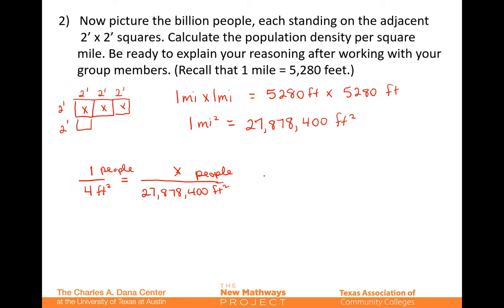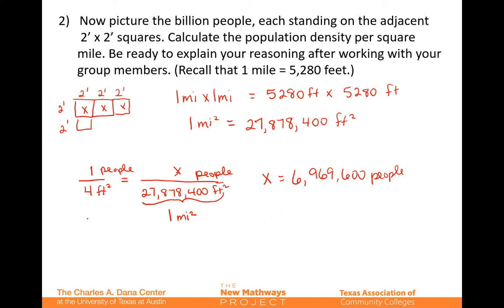So that came out to be, let's do that, 27,878,400 divided by 4 is 6,969,600 people. Remember, this is the same as 1 square mile, that many square feet.